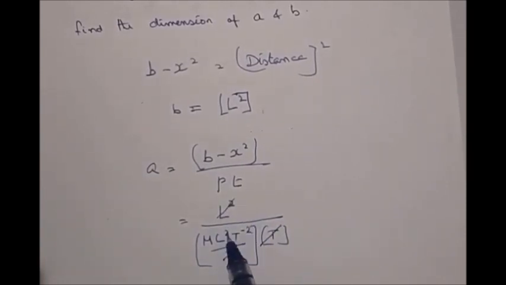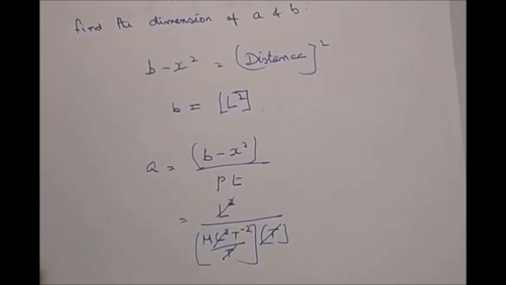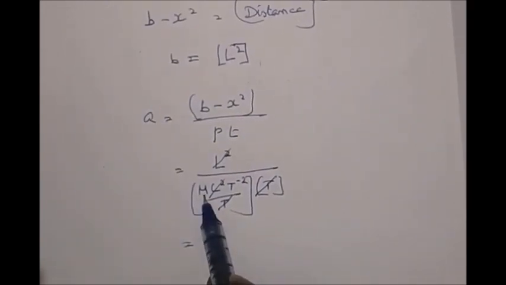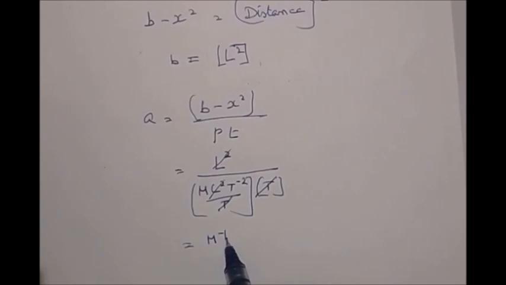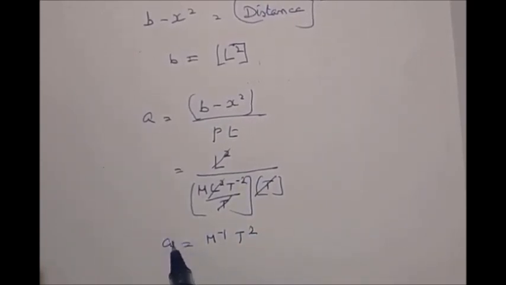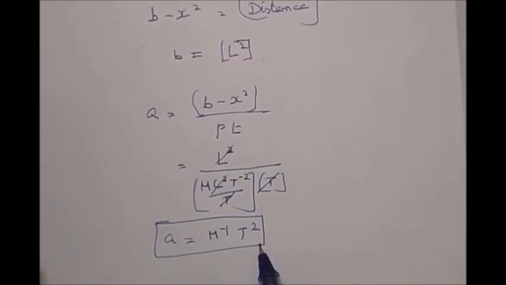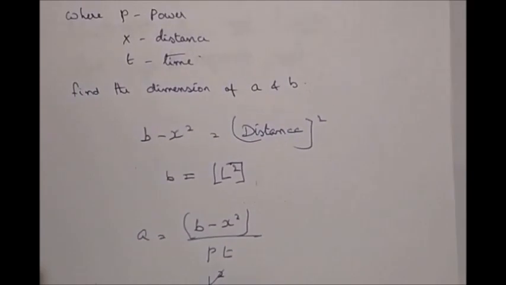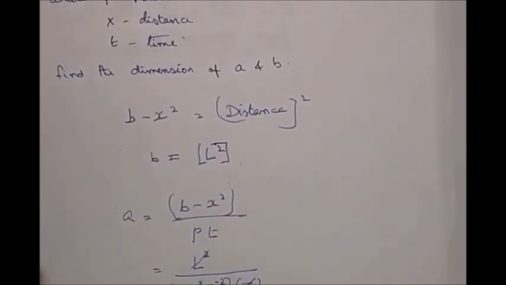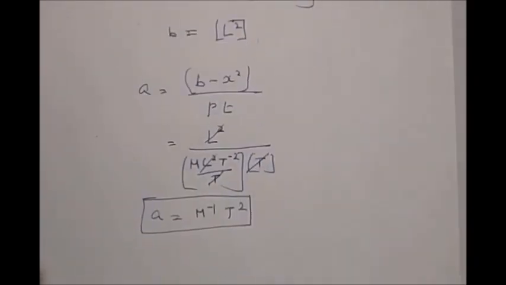Here also L2 and this one also get cancelled out. So what will be the remaining one? Mass will go up, m minus 1. T will go up, T2. That's going to be the dimension of A. So we have found A and we have got the dimension of B also here. So both of them have been found out here.